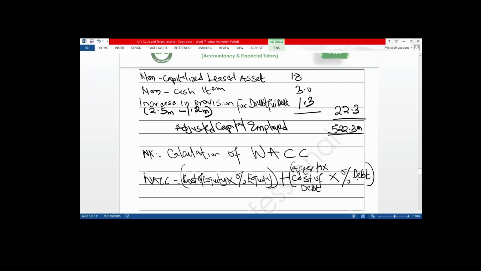This is how to compute the weighted average cost of capital.